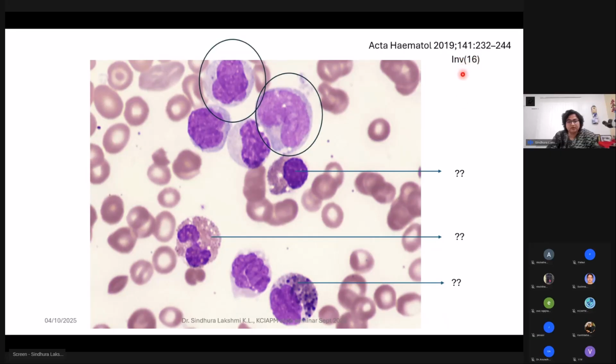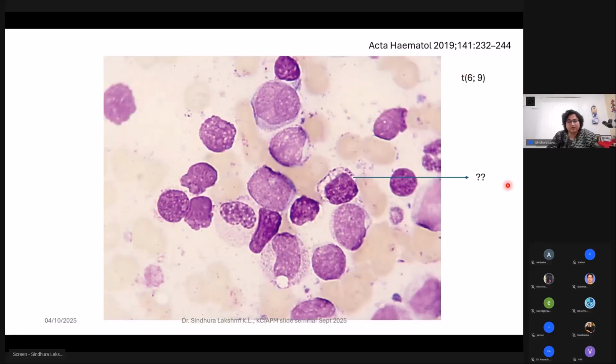So myelomonocytic leukemias can have translocation 8;21. They can have inversion 16, or they may sometimes have translocation 6;9, in which case you can see the degranulated dysplastic basophils in the background. You can see the band cells, blasts over here, large and small blasts.